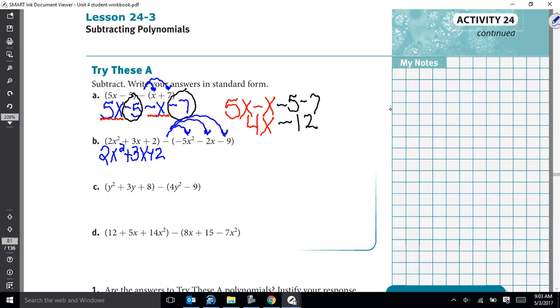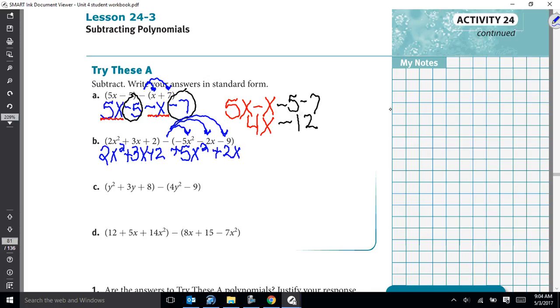So negative 5x squared becomes what after we distribute? Positive. And negative 2x, when we distribute our negative, is now positive 2x.